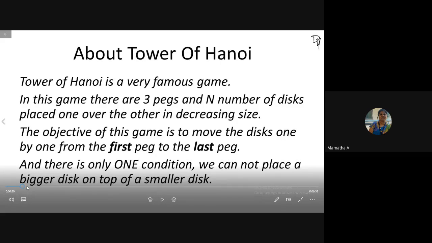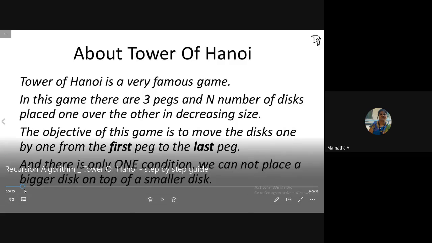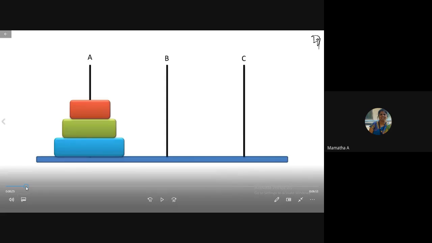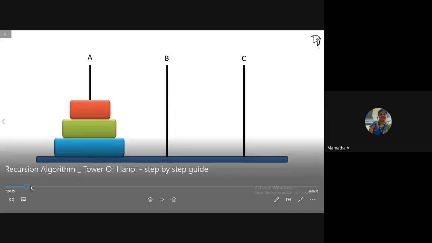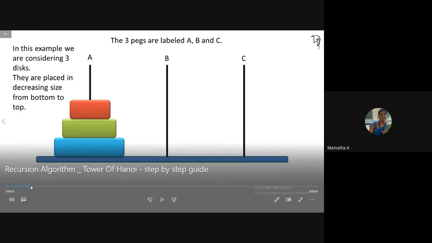That's the reason. See, if there are many auxiliary pegs, I could have placed all the discs in the auxiliary pegs and easily moved them. The task is not difficult in that case. But here you have only one auxiliary peg available for the transferring of discs. Okay. The same example which we have taken here. You can see here, the pegs will be labeled as ABC.